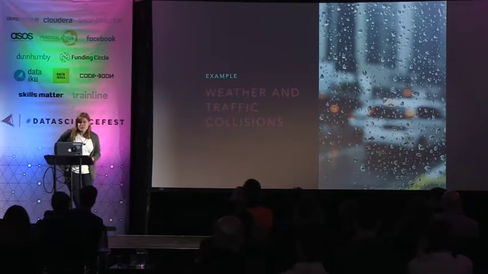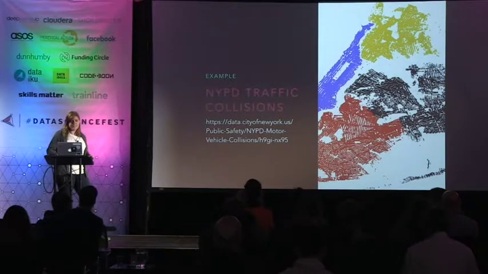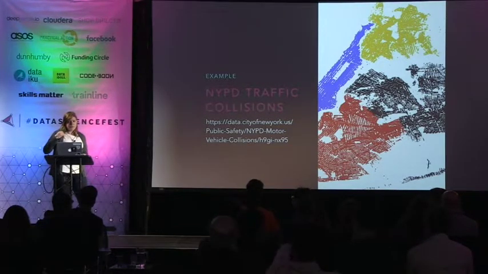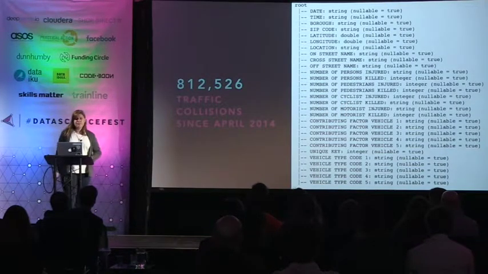And the example I wanted to show is using traffic collision data in New York, which is a very nice city, which is a data set which is updated daily, and it gives you, since 2014, all the traffic collisions.